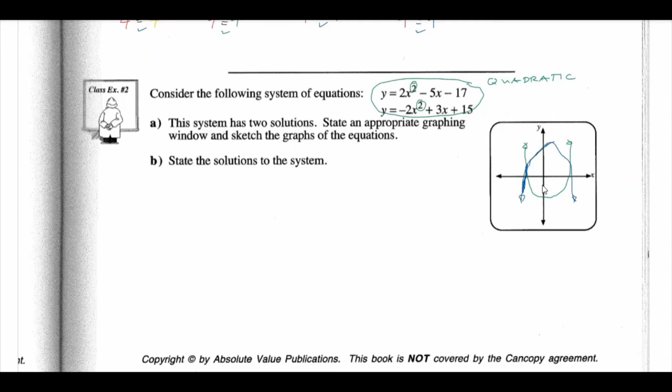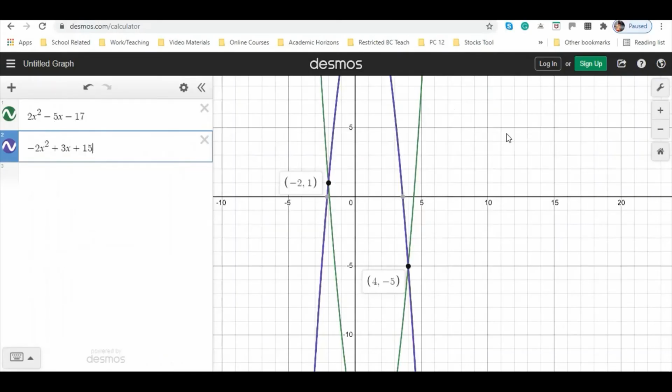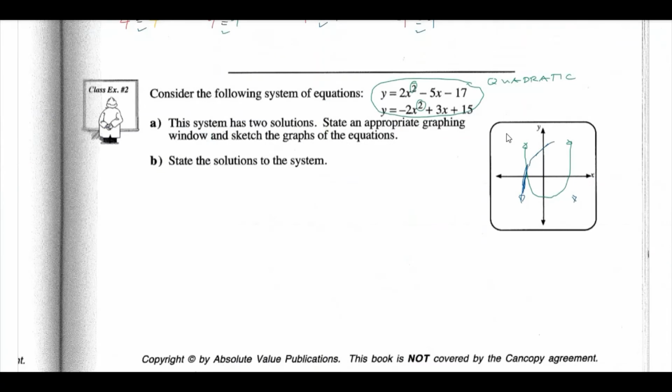So it has two points of intersection. The other one has an intersection at the bottom. So it should be something like that.